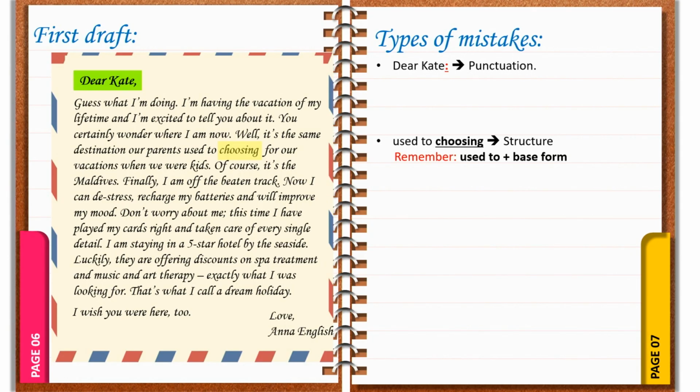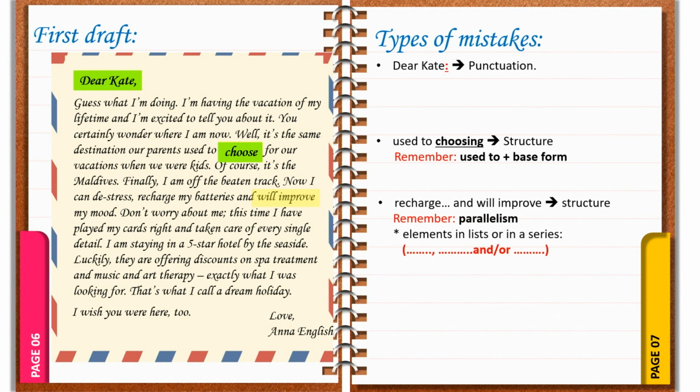Well, it's the same destination our parents used to choosing. Here is a structure mistake. Remember, used to, as we saw earlier, should be followed by a base form. So let's help Anna correct it. Our parents used to choose for our vacation.